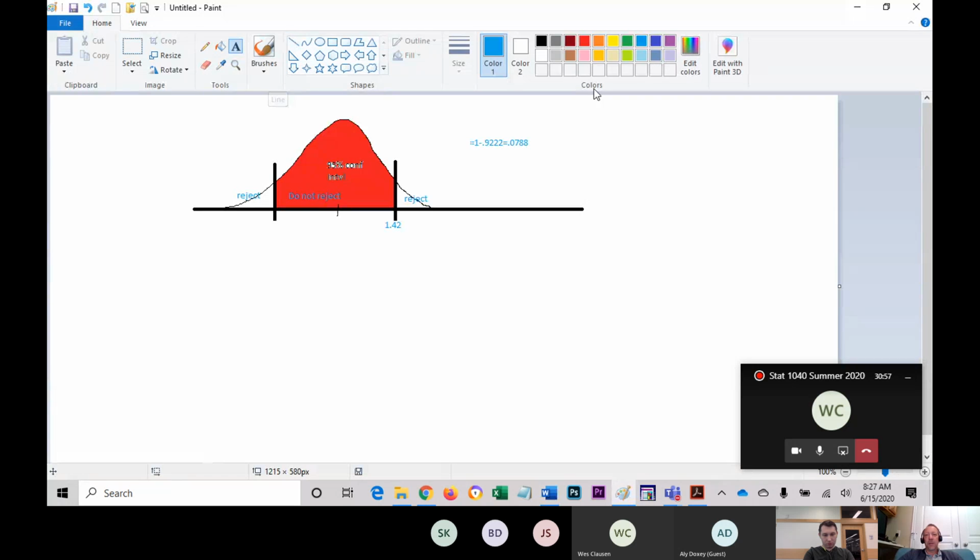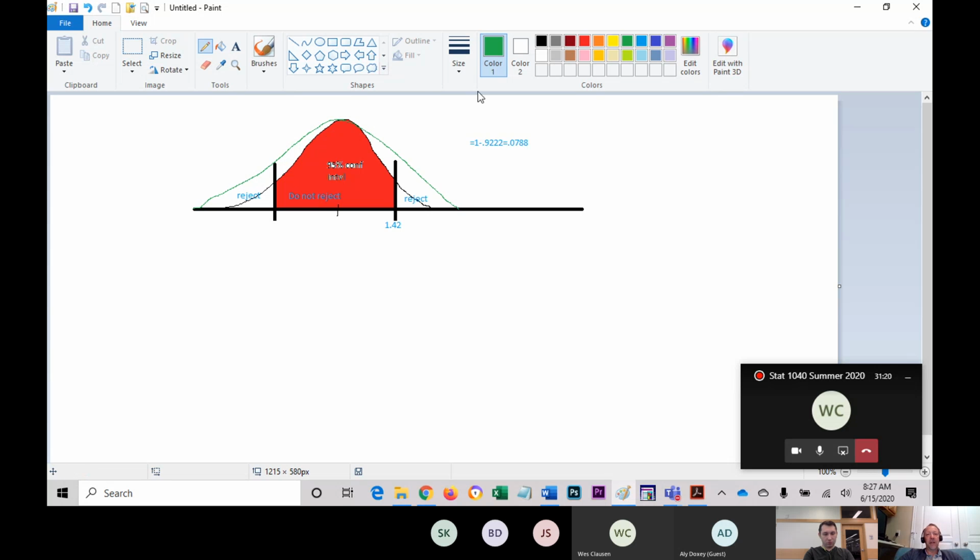Now, if I were to compare, let's pick, say, green here, your t distribution as opposed to a normal distribution, your s is generally going to be a little bit larger than your sigma, and so it's going to also be a bell-shaped curve, but your tails are going to be bigger.